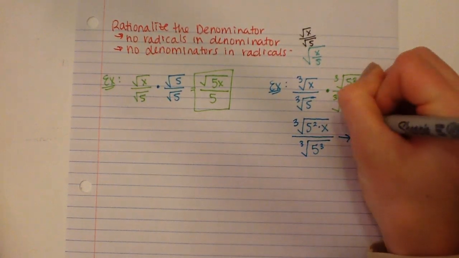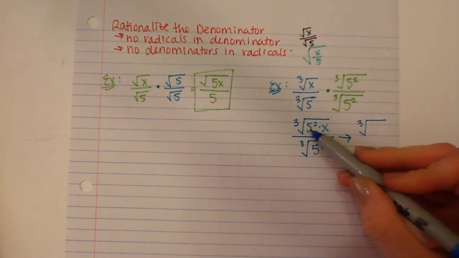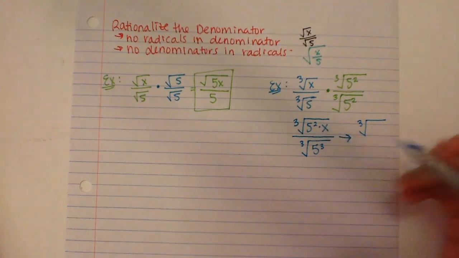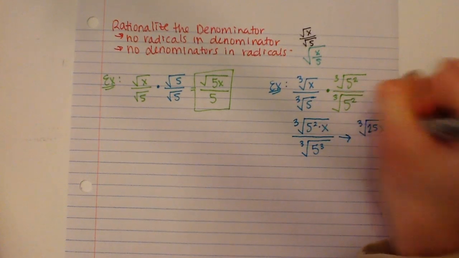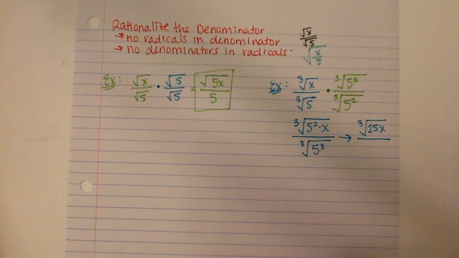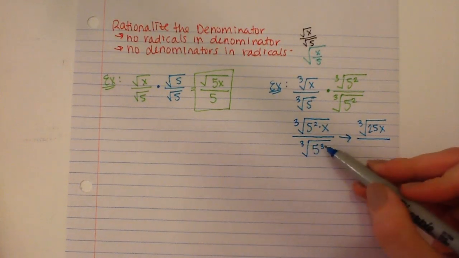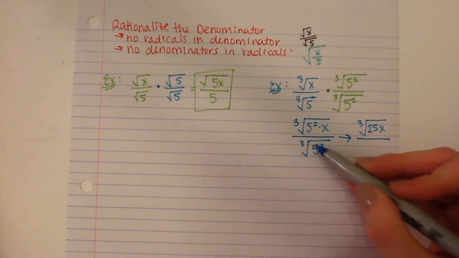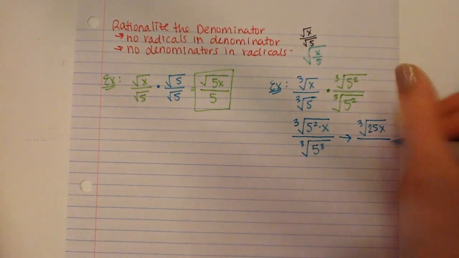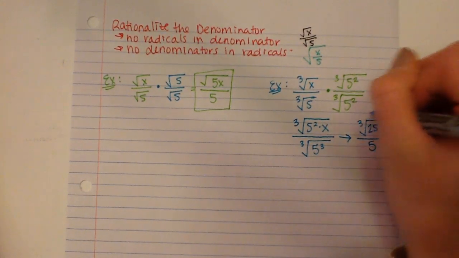That turns out to be the cube root of 5 squared, which is 25, times x is just 25x, over our index is 3, our exponent is 3. You can get one group of 3 to go into 3, so we're left with 5, with no leftover.